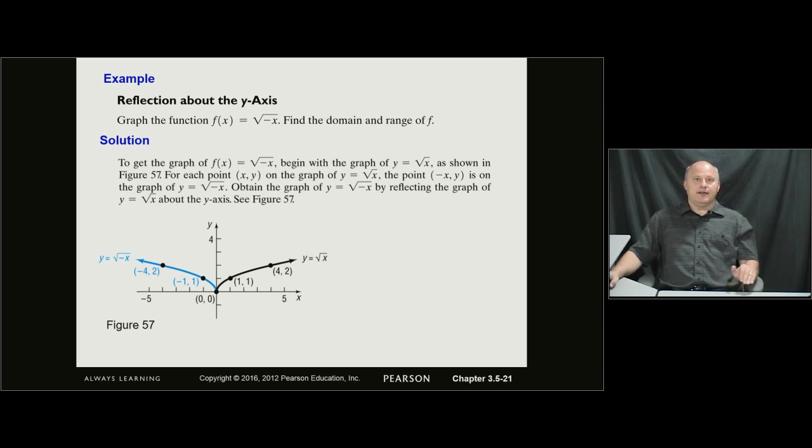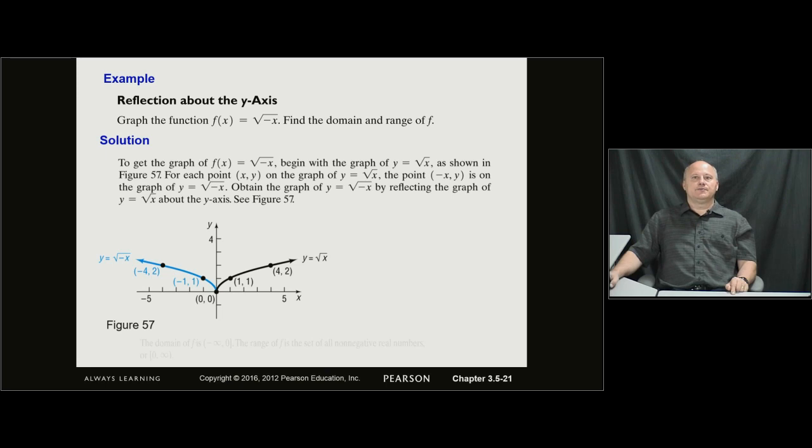Well, they're given to you negative 4, negative 1, negative 9. So when you put those negative numbers back into the original function, square root of a negative x, it's going to take the opposite, allowing you to take the square root of positive numbers. So putting in a negative 1, you end up taking the square root of a positive 1 because you're taking the opposite of it. So that's why the graph is facing that direction.